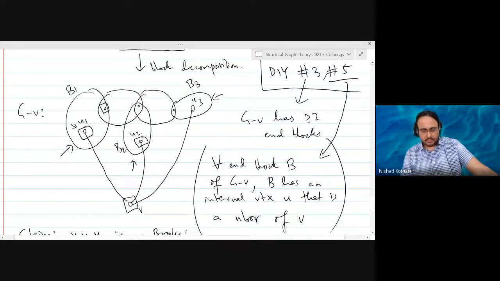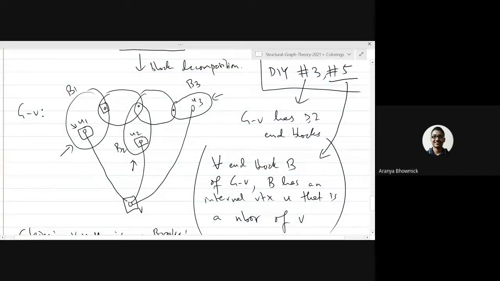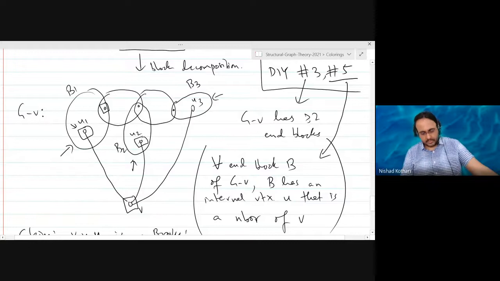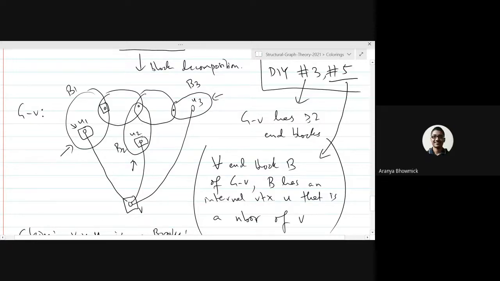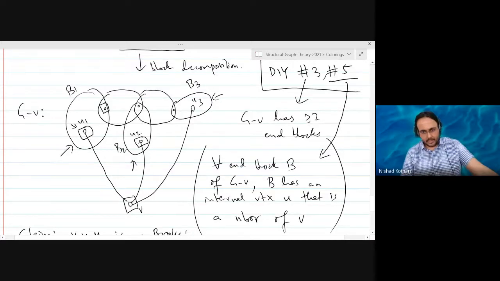That's right. I'm just asking because here, what we have done, we have removed U1 and U2 and taken 2 blocks. But I am saying instead of 2 blocks, if we remove one internal vertex from every block, then also the graph will be connected. That is correct. Every block is two connected, so you can remove one internal vertex from each of them if there is such an internal vertex, right?